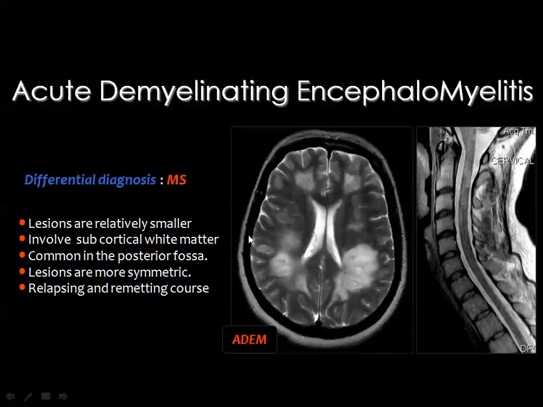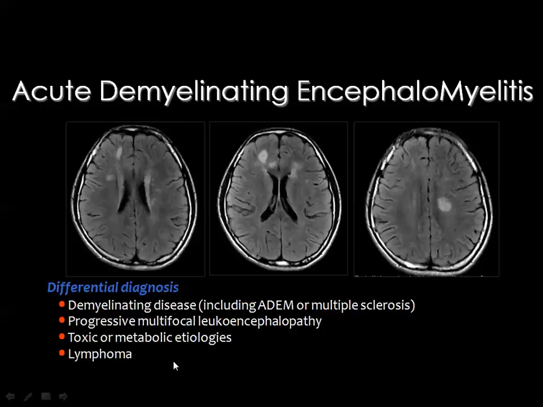And these manifestations will occur in the brain and may also affect the spinal cord in the form of multiple patches of low signal in the T1 and high signal in the T2 and FLAIR weighted images.